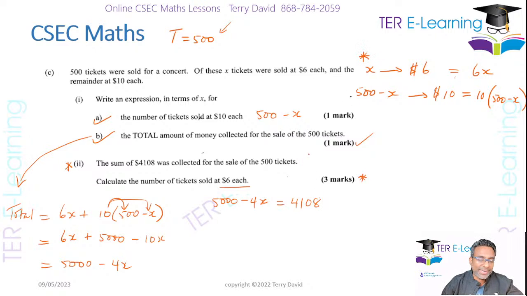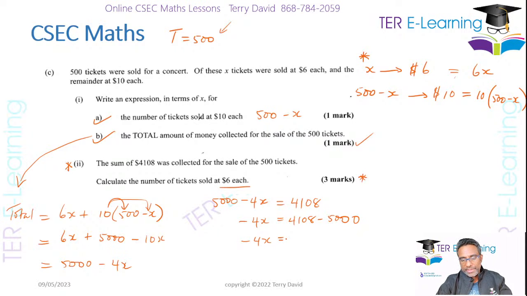So all they're really asking us is to solve this equation, right? So what I would do is say minus 4X is equal to, you carry the 5,000 to the right-hand side, so 4,108 minus 5,000. So minus 4X is equal to minus 892.